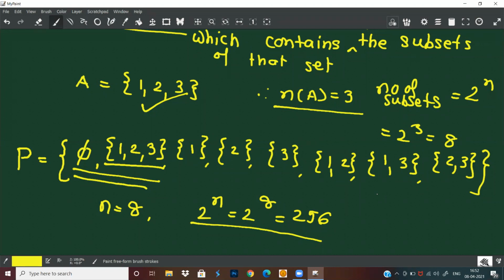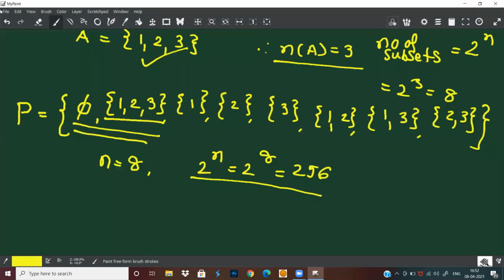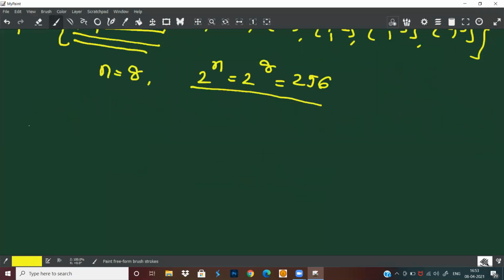All right. Now, we can start doing sums. Just examples I give, just to make you understand what a power set is. Now we will do sums.